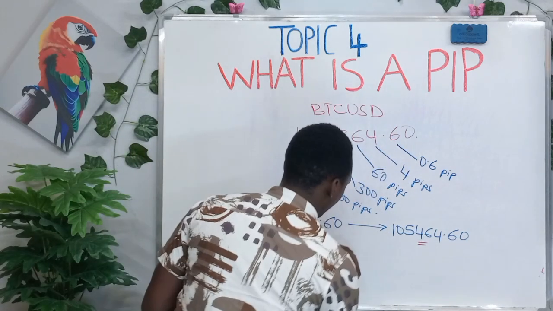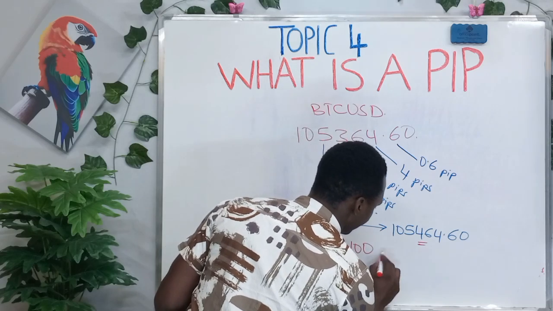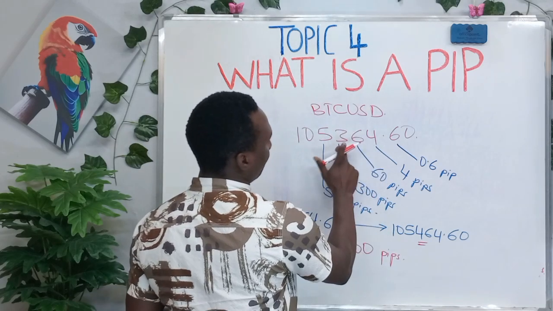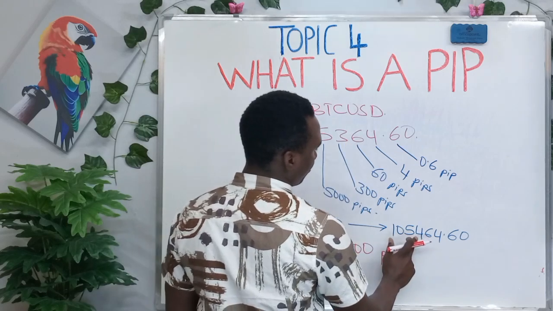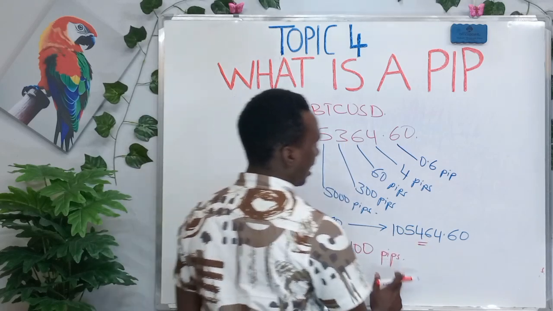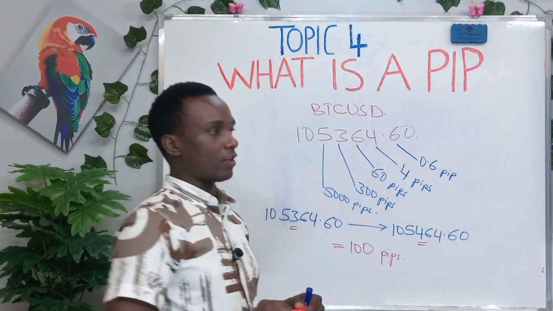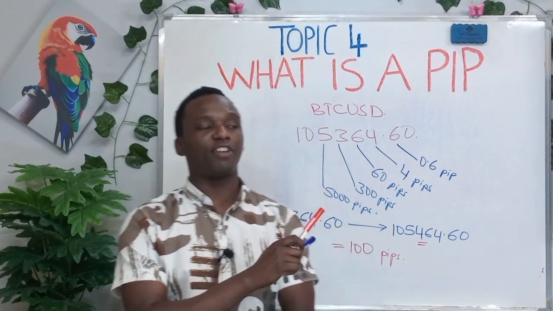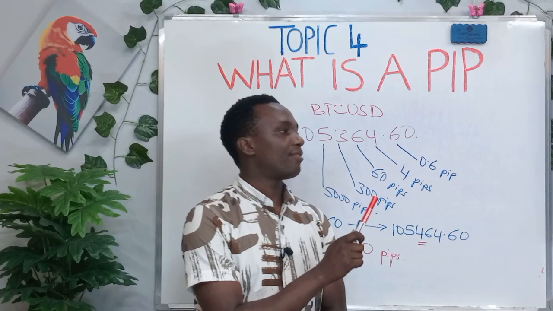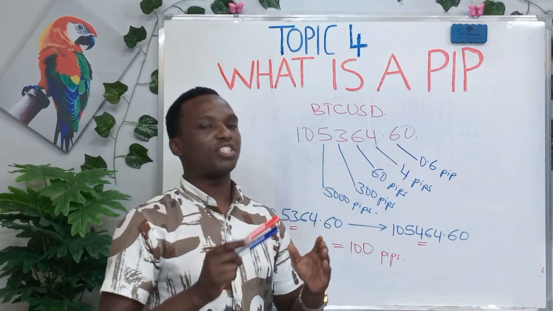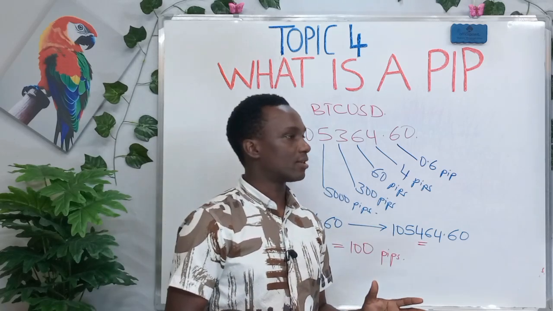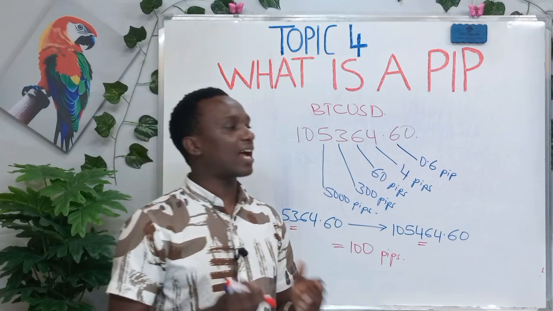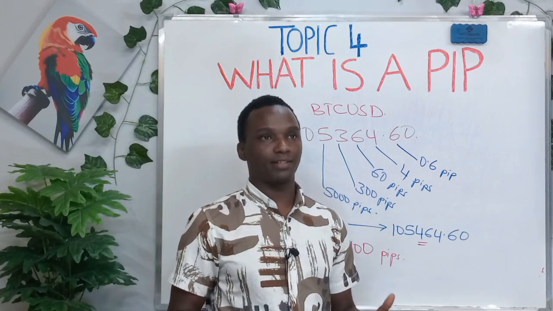All right. So it is 100 pips. Remember 300 because of 3, okay? The difference between this and this is 100 pips, all right? But note better, this is very important, that you will always be checking with your brokers to confirm their pip calculations when it comes to cryptocurrencies.